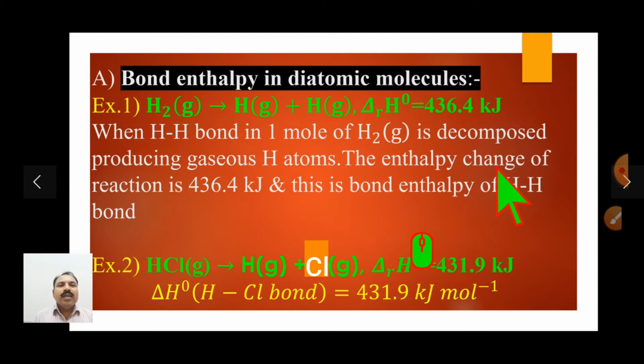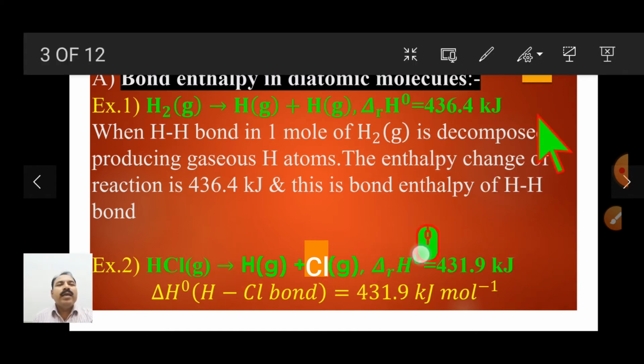The H2 decomposes into two hydrogen gaseous atoms, and the standard enthalpy of reaction is 436.4 kilojoules. When the H-H bond in one mole of H2 gas is decomposed, producing gaseous H atoms, the enthalpy change of this reaction is 436.4 kilojoules, and this is the bond enthalpy of the H-H bond.